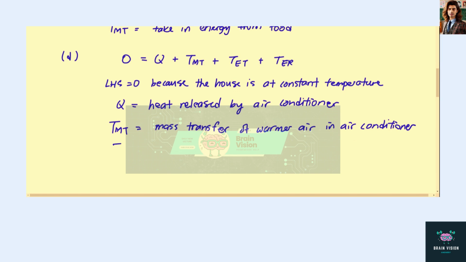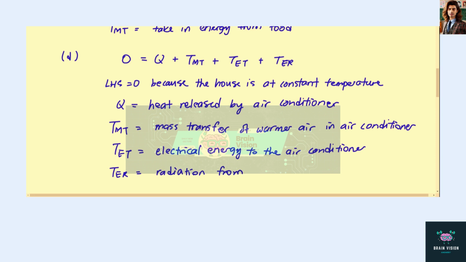The TET is the electrical transmission, so electrical energy to the air conditioner. And then the TER is the radiation from the sun.